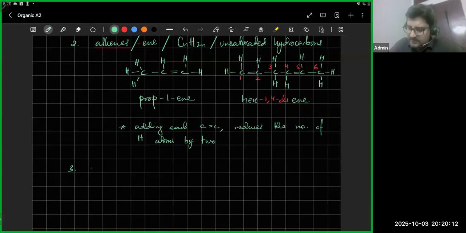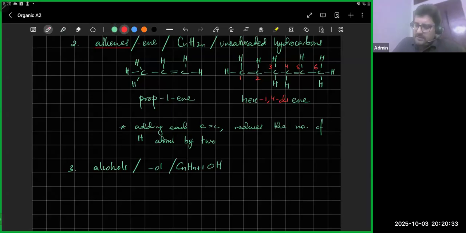Alcohols, the suffix will be -ol, and the general formula would be CnH2n plus 1, which mostly is not really important, the general formula.